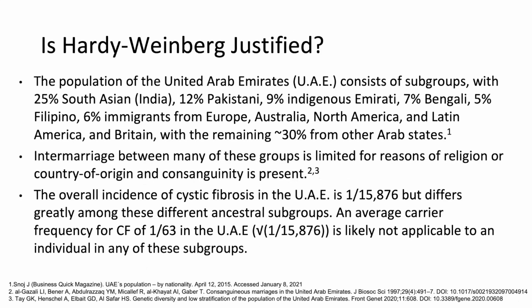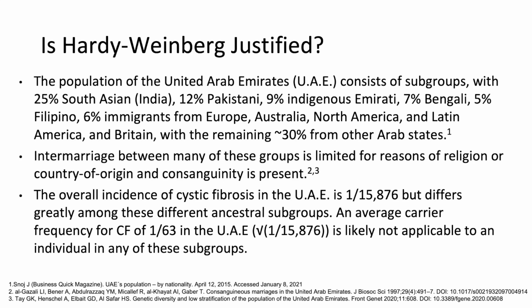So, second, is Hardy-Weinberg justified? Here I want to give you an example. The population of the United Arab Emirates consists of subgroups. About a quarter South Asian from India, about 12% Pakistani, etc. Intermarriage between many of these groups is limited for reasons of religion or country of origin, and there's a significant amount of consanguinity.